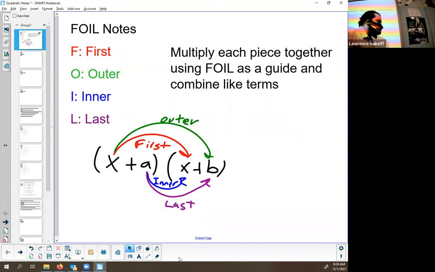Double distribution does kind of tell you what to do as well, but it's not as nice as giving you a reminder of each step along the way. You guys have done distribution. We did that in previous classes. We got some refreshers on that at the beginning of this school year. So it's not like this is going to be anything super new or foreign. It's just an expansion on the idea of distribution.